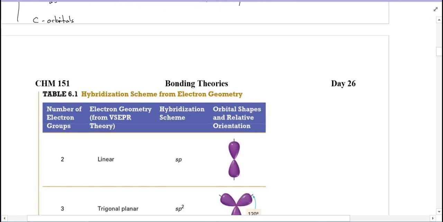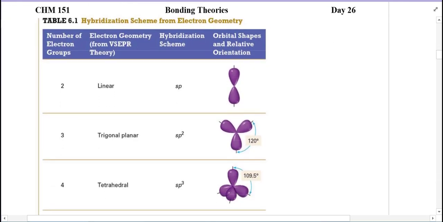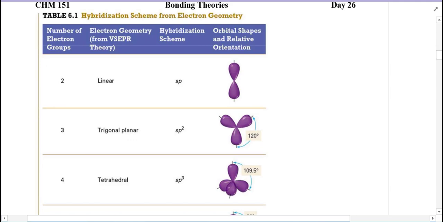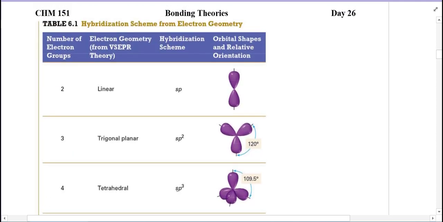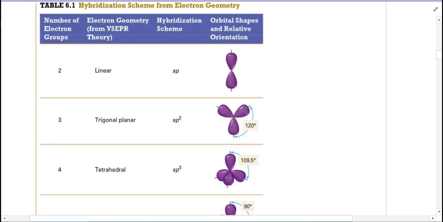And here are the combinations of those bonding theories. We left off right here with carbon, sp3. So now, instead of having the s, the circle, and then the px, the py, the pz, we have these 4 orbitals that look the same, and they're tetrahedral. sp2 is 1 s and 2 p's, sp is just an s and a p combined.